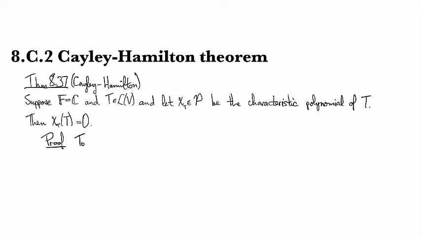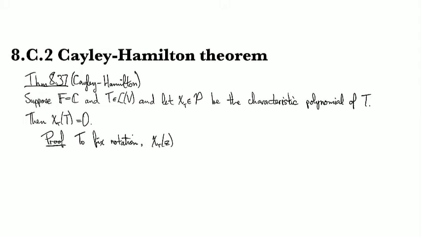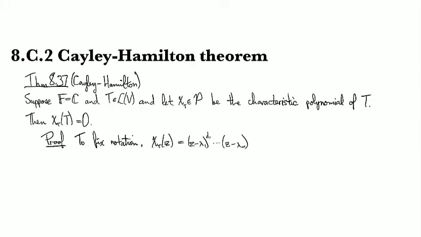So just to fix the notation, suppose we've got the characteristic polynomial of T as (z − λ1)^d1 multiplied through (z − λm)^dm. So that's the notation for our eigenvalues and their multiplicities.